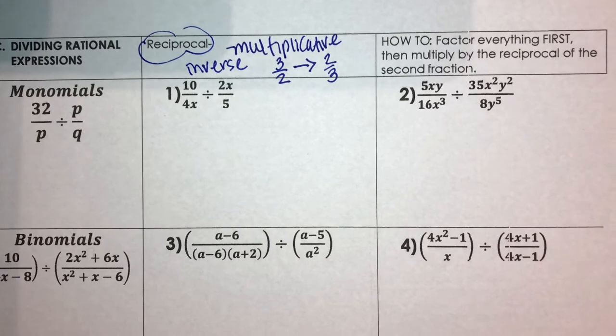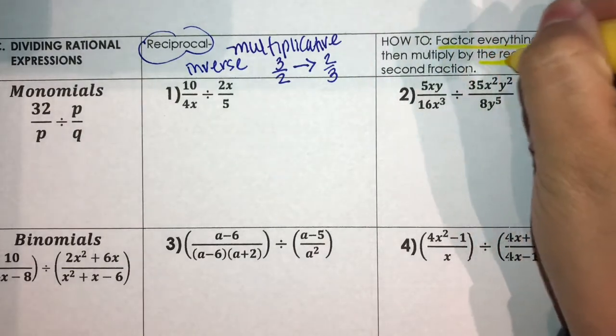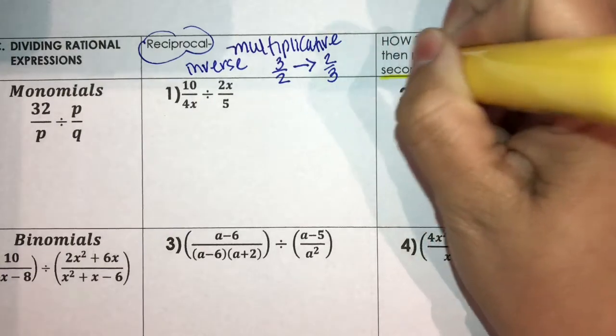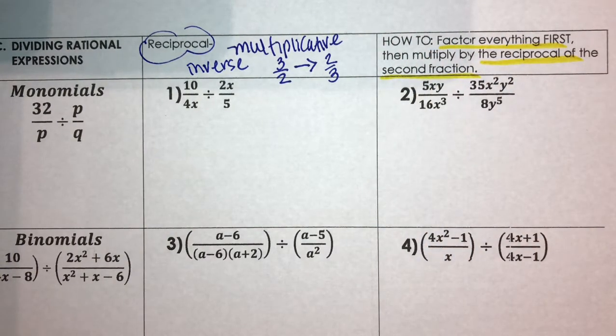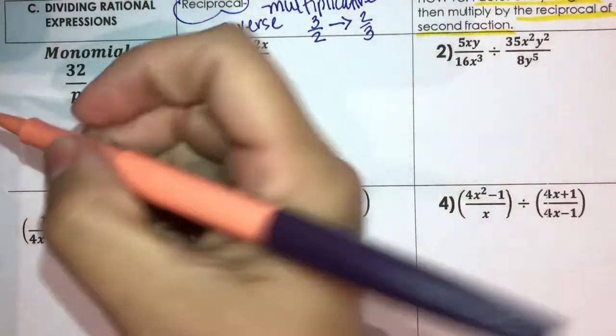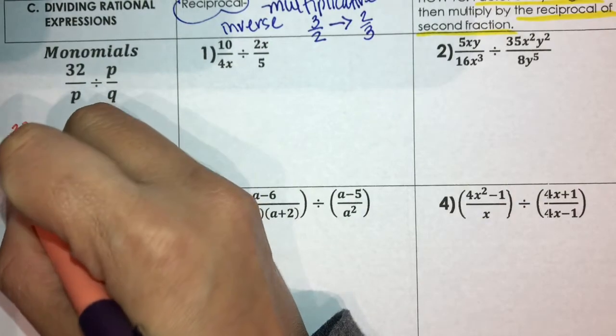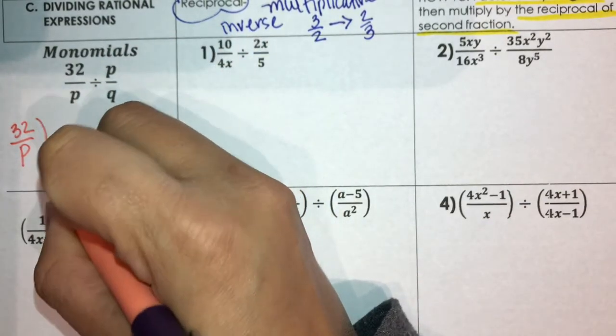The way you're going to check division is you're going to factor everything first, and then multiply by the reciprocal of the second fraction. So you have 2 fractions. Look at the first one: 32 divided by p, and that's 1 fraction.